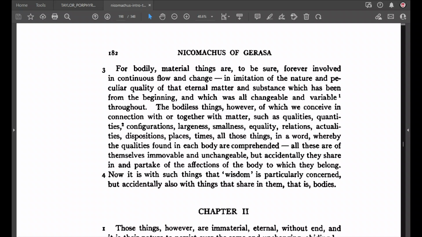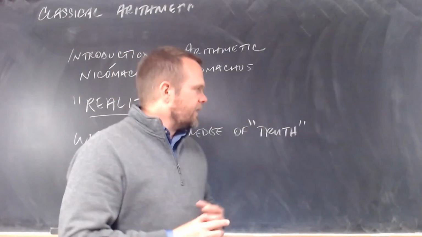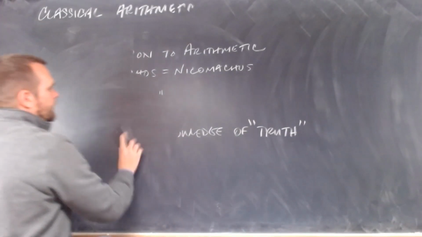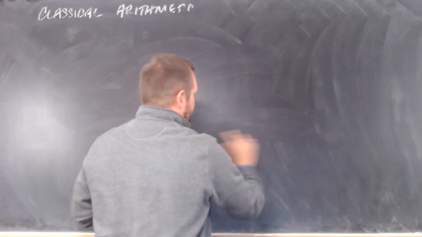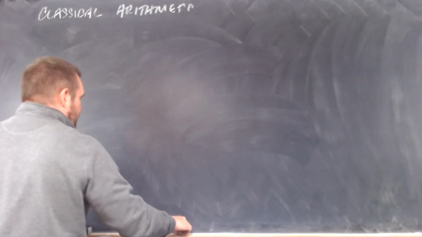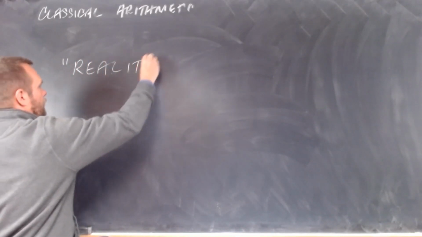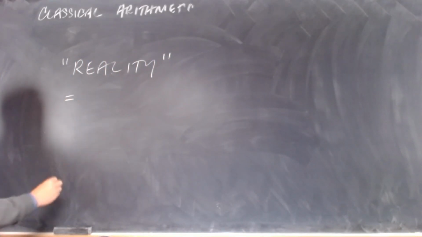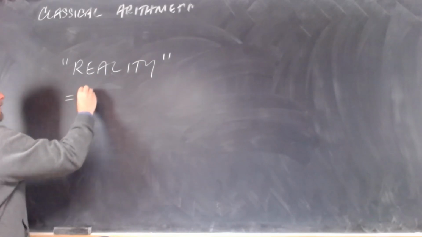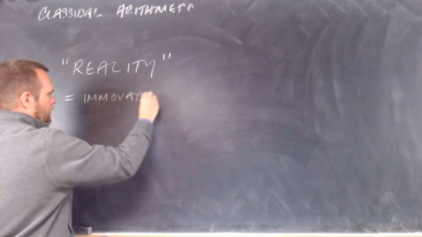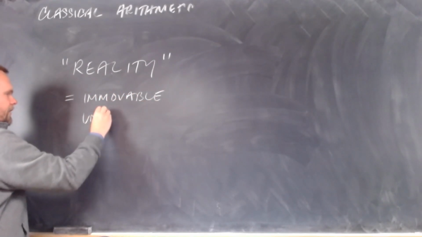But what we're learning about, and what I want you to understand as we finish this first chapter in arithmetic, I want you to get this idea in your head of what Nicomachos is talking about, which is this Pythagorean idea of reality. Reality refers to things that are immovable, he says, unchanging.